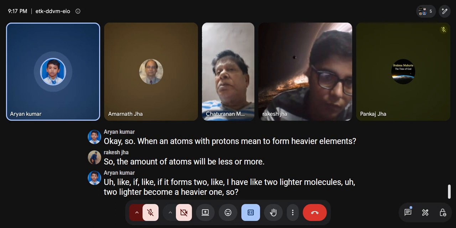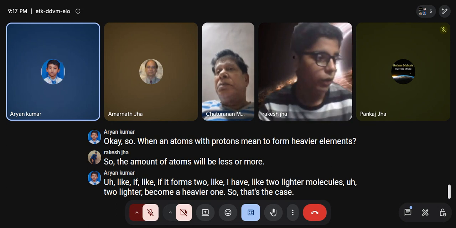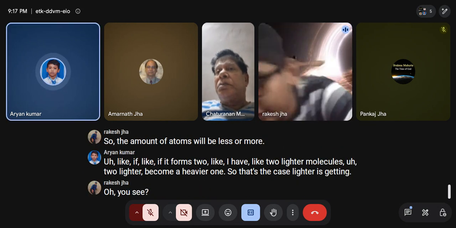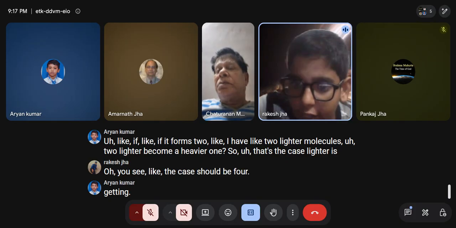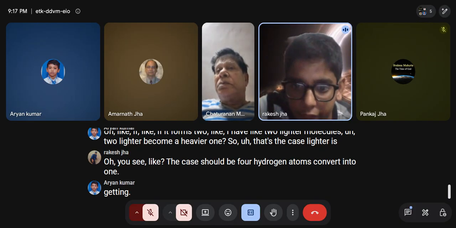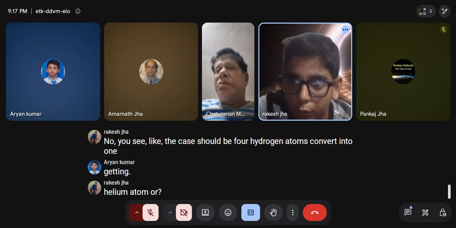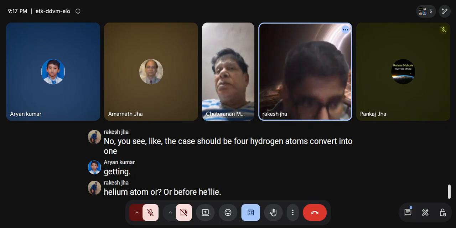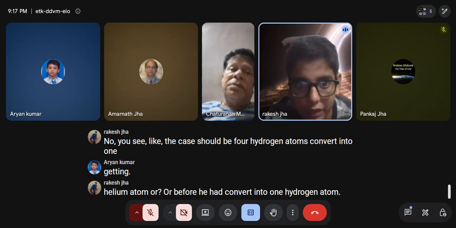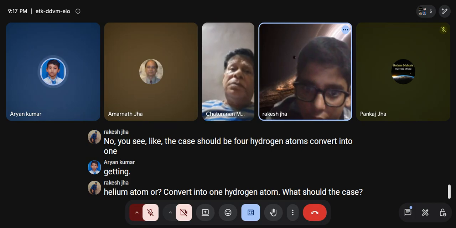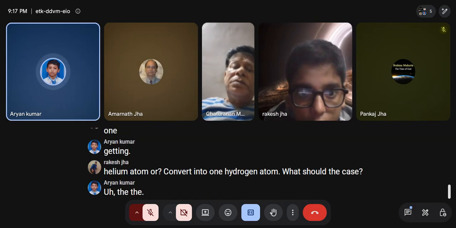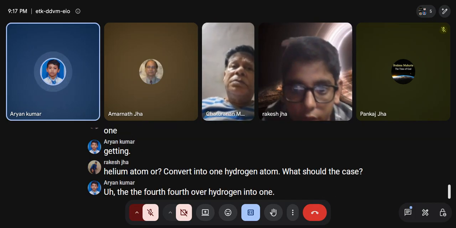So that's the case, lighter getting you heavier. See, the case should be four hydrogen atoms convert into one helium atom, or four helium atoms convert into one hydrogen atom. What should be the case? The four hydrogen into one helium.